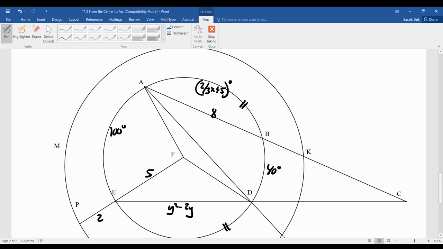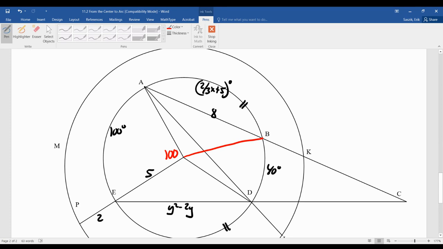Now, if that's 100 degrees, let me change this back to red. This is a central angle down here, so that would be 100 as well. And I have this 40 degrees over here. So I'm going to go ahead and draw in this radius.